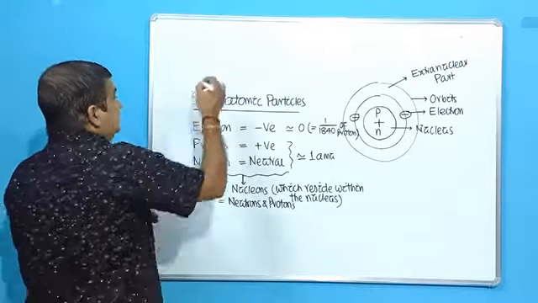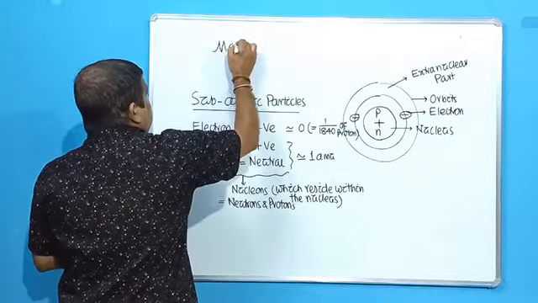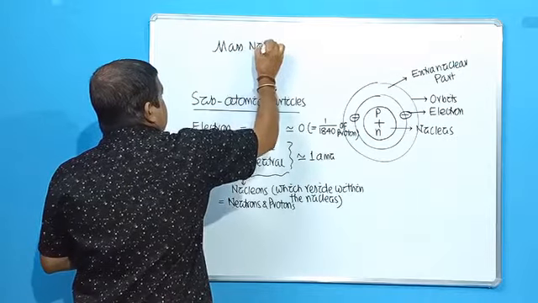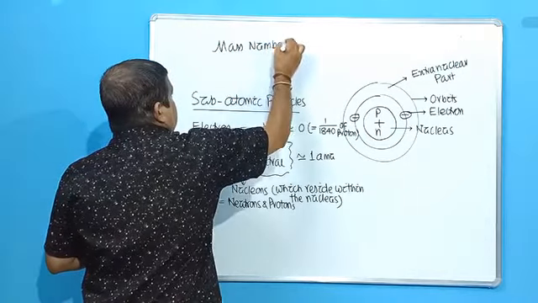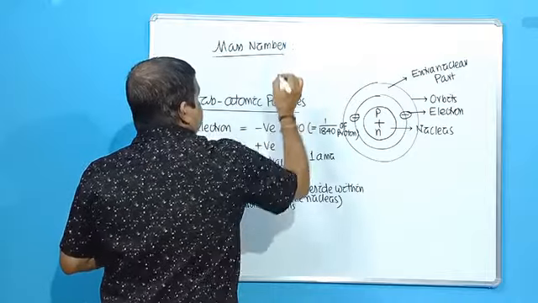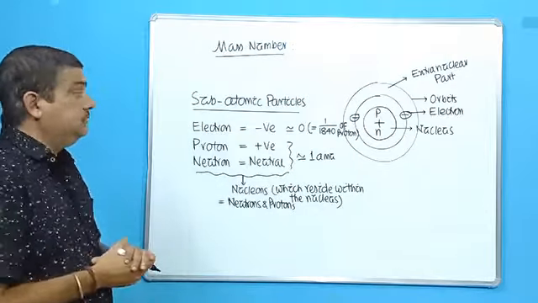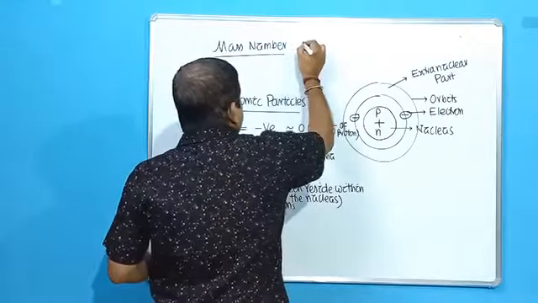Then how to define mass number? Now we can define mass number in this way. Mass number of an atom is defined as the number of nucleons.